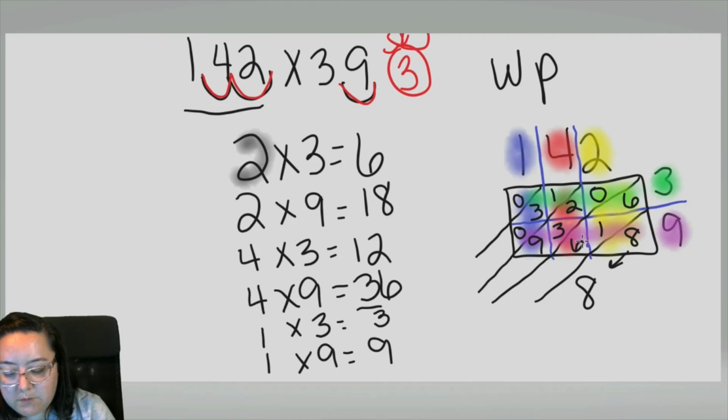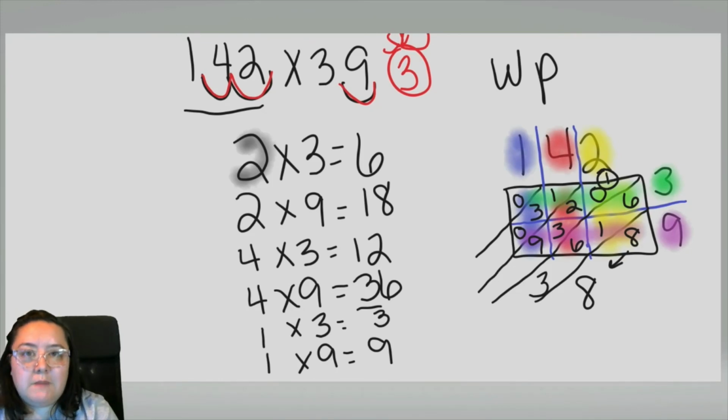In this group, we're adding together 6 plus 1 plus 6. 6 plus 1 is 7, and 7 plus 6 is 13. We bring our 3 down and we regroup that 1 to the next group of diagonals. And I always bring it up and circle it just to remind myself that I need to add that with those numbers. So 1 plus 0 plus 2 plus 3 plus 9.